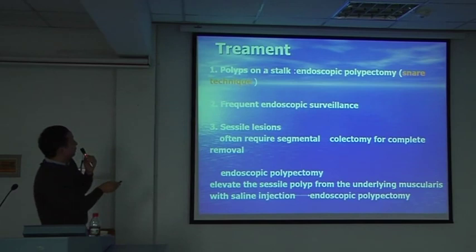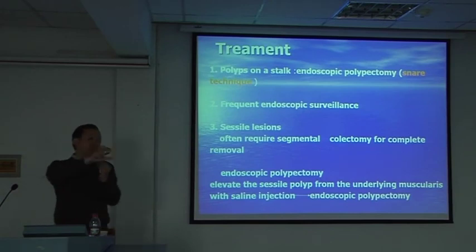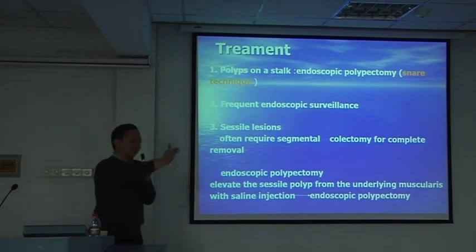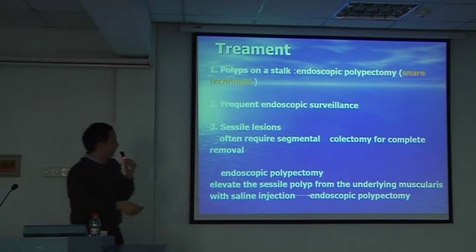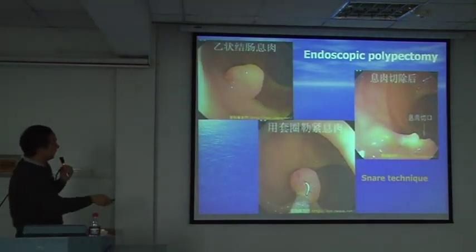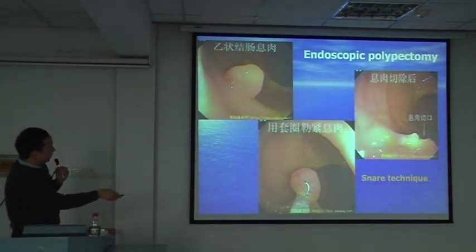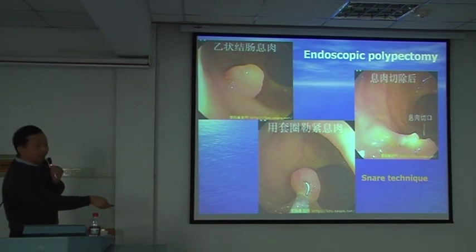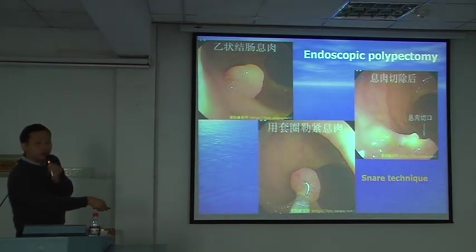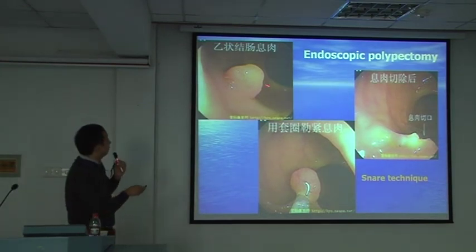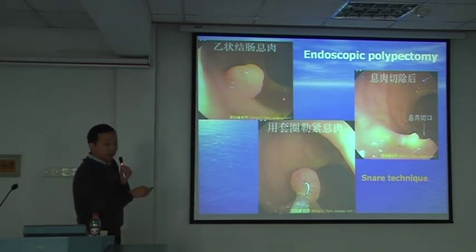If the polyp is pedunculated with a stalk, it's very easy to just cut it. Here, this is the instrument through the endoscope. Yeah, this is pedunculated.